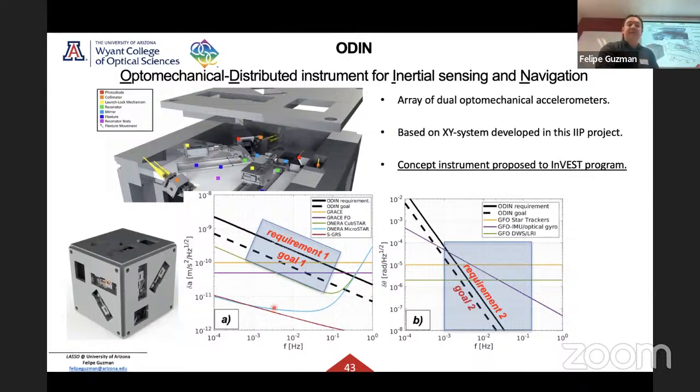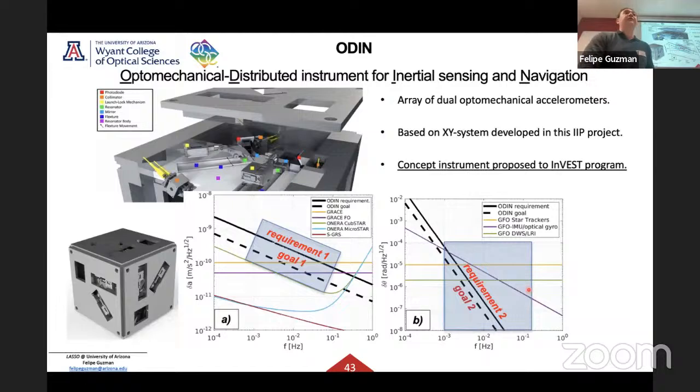So the surprise for us was not the case that we could achieve sensitivities comparable to GRACE in linear acceleration. We knew that. The surprise to us was that the angular sensing capabilities of such a system are significantly better than the fiber gyros that are currently flying. So that was a big surprise, because when you measure angular acceleration, you need to do two integrations to get angle.